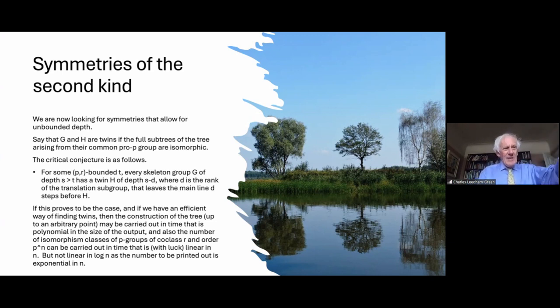When you're at the edge of the depth to which you've shaved it with your first shaving, you take this group, you find it's got a twin which is further back, and you've already produced the tree which has that as its root, and you just copy that tree into the group you first thought of. So once you've constructed the tree to a suitable depth, the construction of the rest of the tree is a triviality. You're just copying what you've got before.